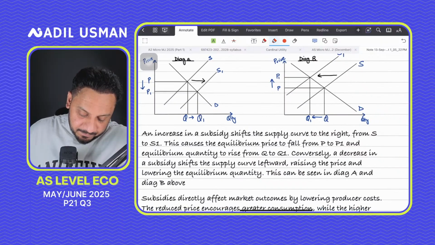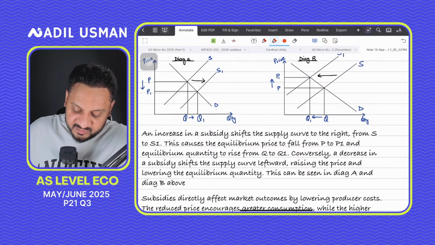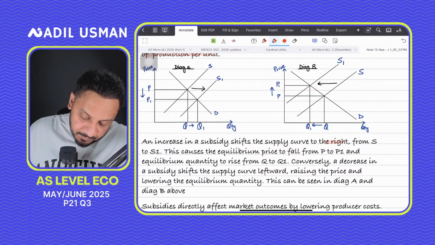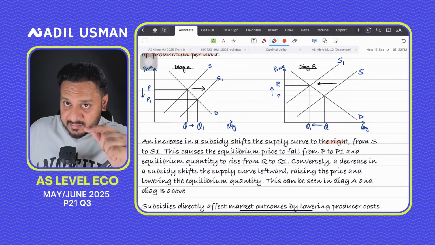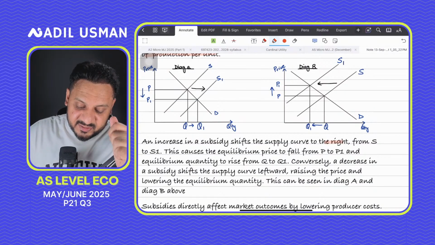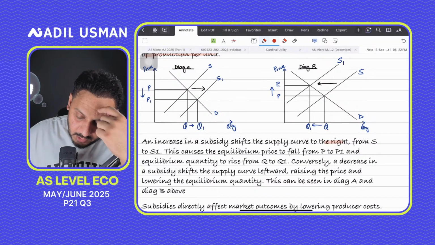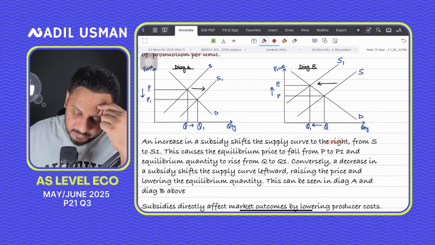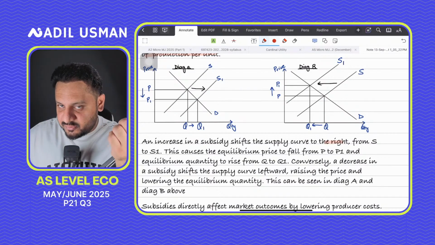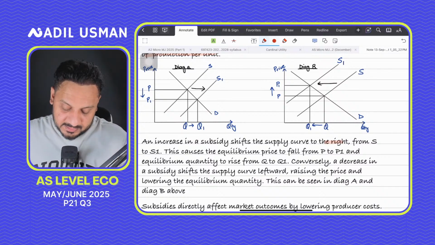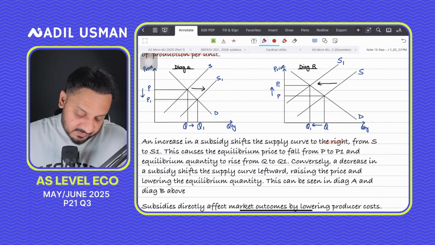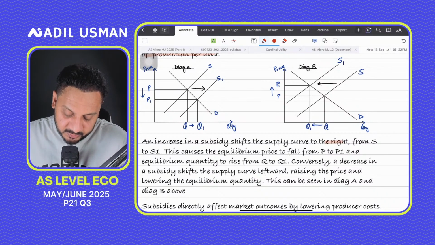Then you say an increase in subsidy shifts the supply curve to the right from S to S1, as you can see in diagram A. This is the analysis that you're doing, explaining the cause-effect relation. This causes the equilibrium price to fall from P to P1 and equilibrium quantity to rise from Q to Q1.